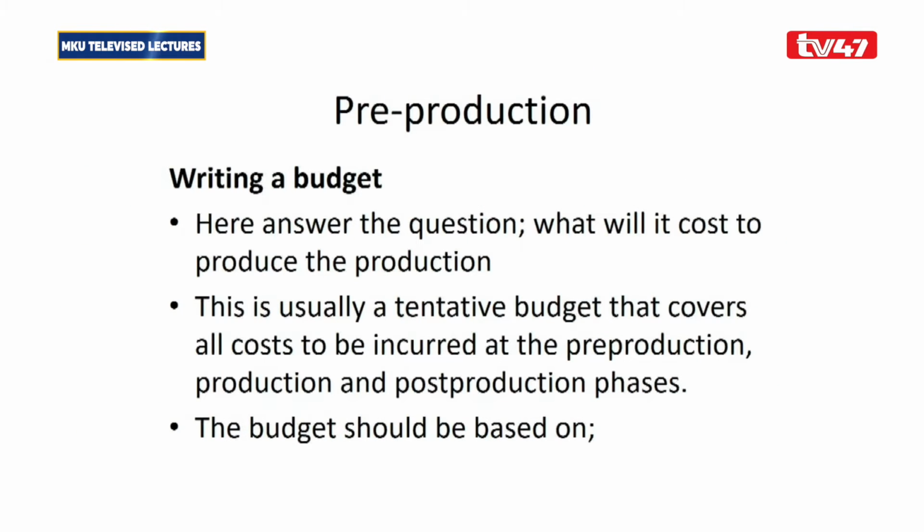So the next important document, again, that you're supposed to produce is the production budget. So here, the question that you're supposed to ask yourself is, what will it cost to produce the production? What you're supposed to know is that however small a production is, it has to cost something.